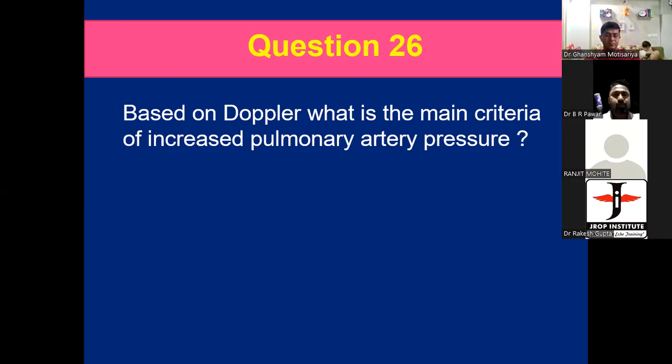So mildly elevated pulmonary artery pressures. You remember this, both of you? Yes, sir. Otherwise, I don't know how you do the calculation of pulmonary artery pressure then. Does your ma'am calculate it or not? Does your Anuprita madam calculate it or not?